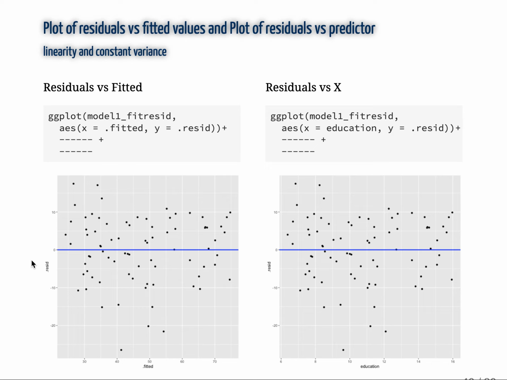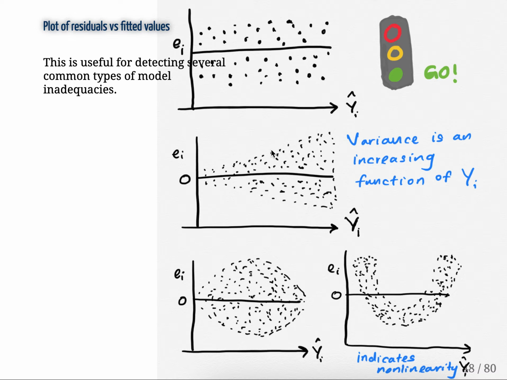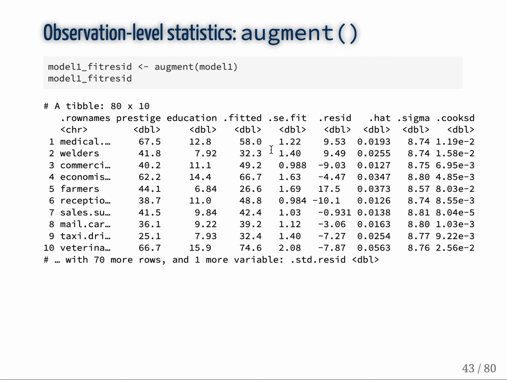Here I plot residuals versus fitted value. This is the data frame that I obtained from the augment function. So this one here, the output of the augment function is a data frame, and I have fitted values as well as residuals here.